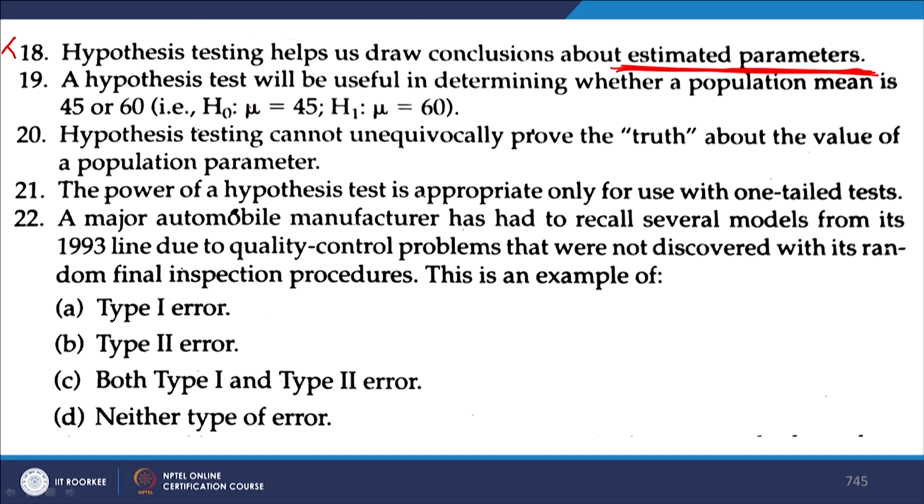Let us look at the 19th one. A hypothesis test will be useful in determining whether the population mean is 45 or 60. So, the null hypothesis is 45 and the alternative hypothesis is 60. Is this correct?